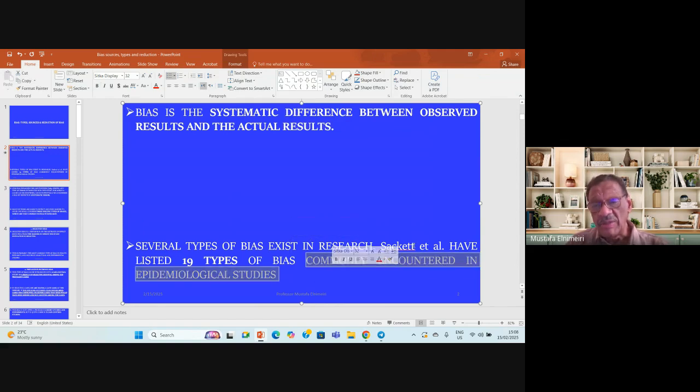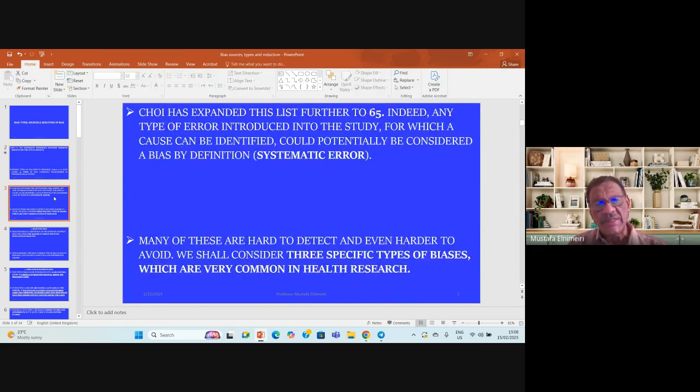Sackett and others have listed about 19 types of bias commonly encountered in epidemiological studies, in different designs. And Choi expanded the list to 65 types of bias, and indeed any type of error introduced in the study for which a cause can be identified could be potentially considered as bias by definition.